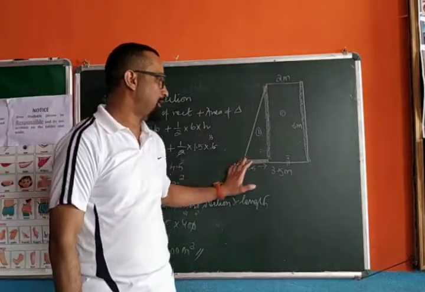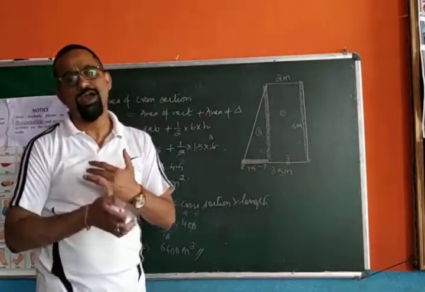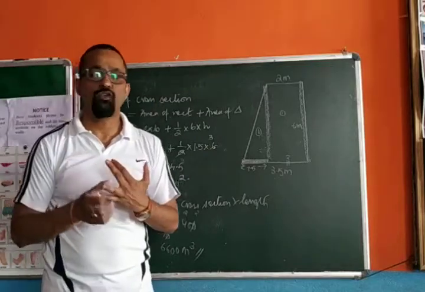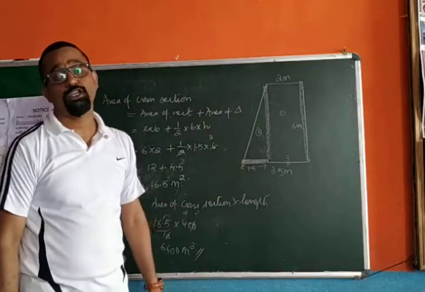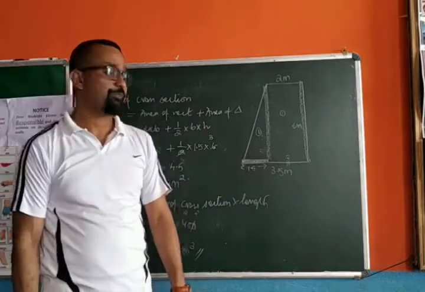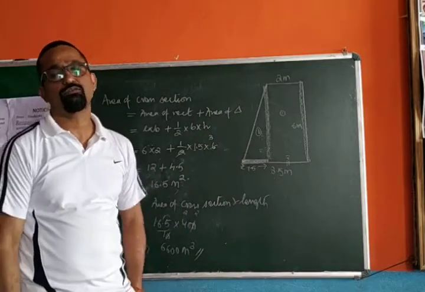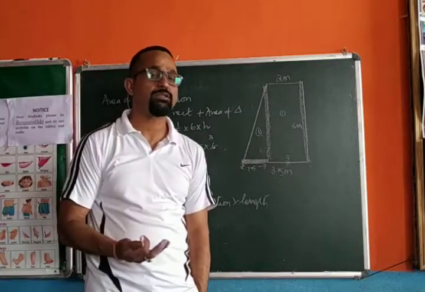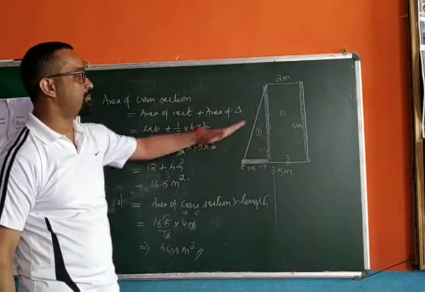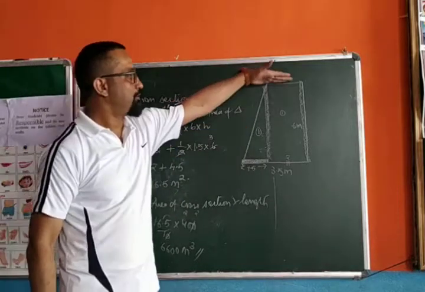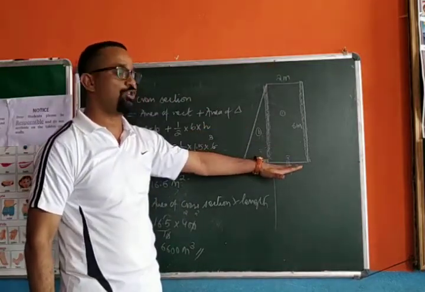You cannot directly calculate because you have to have a rectangle or triangle, or you can do the calculation using a figure called a trapezium. Area of trapezium equals half into sum of parallel sides into height. You could do the direct calculation because it is a trapezium. These two sides are parallel to each other.